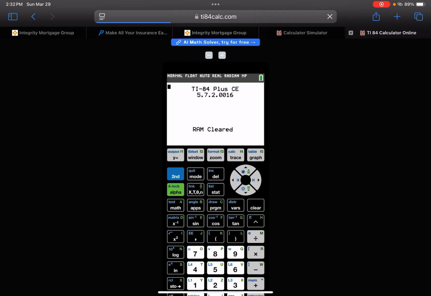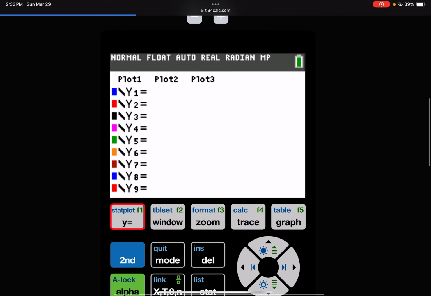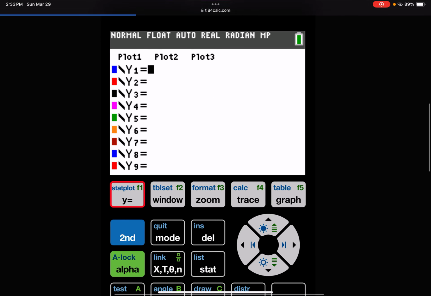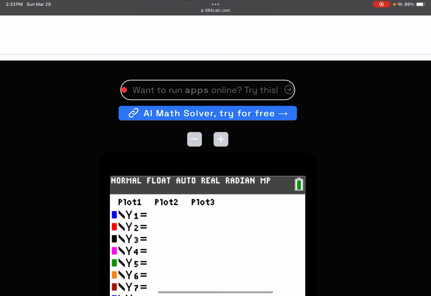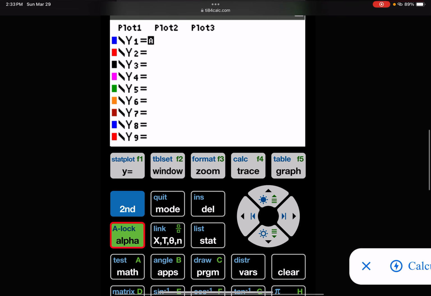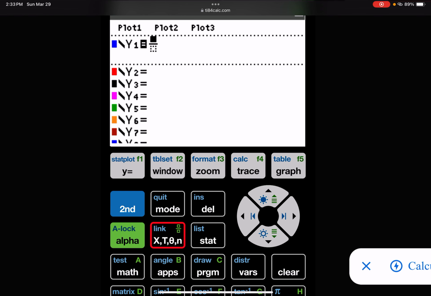I'm going to go to y equals to enter it in. You can enter a fraction notation by hitting the green alpha button and then the button directly to the right, the x t theta, because you see that green fraction symbol up there in the top right corner. It puts a fraction up there and highlights the numerator.